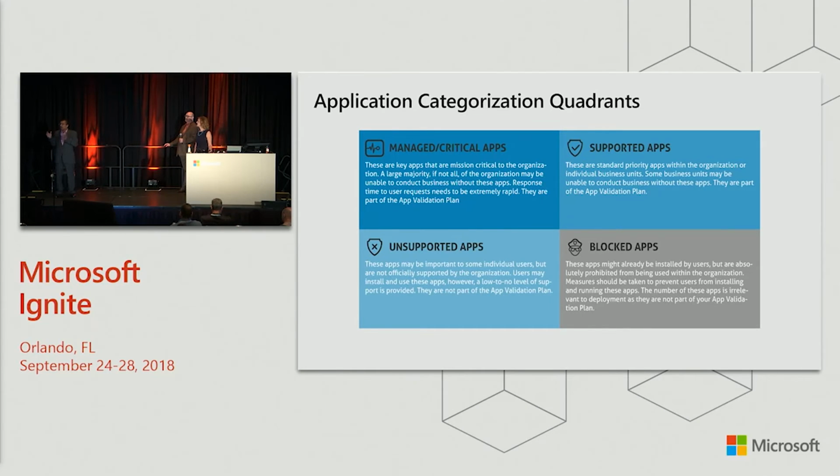All the other applications that upgrade readiness discovers, by default, it sets to a status of not reviewed. What that means is it warns us as the IT administrator to go and act upon.